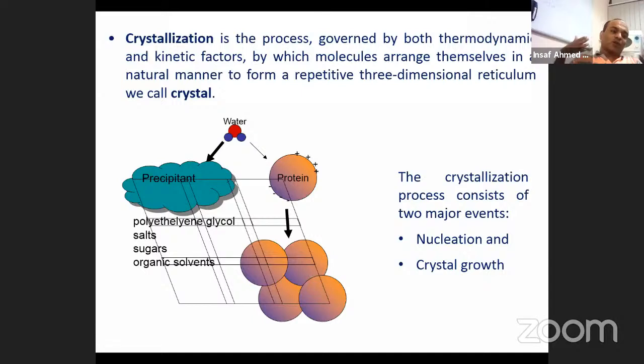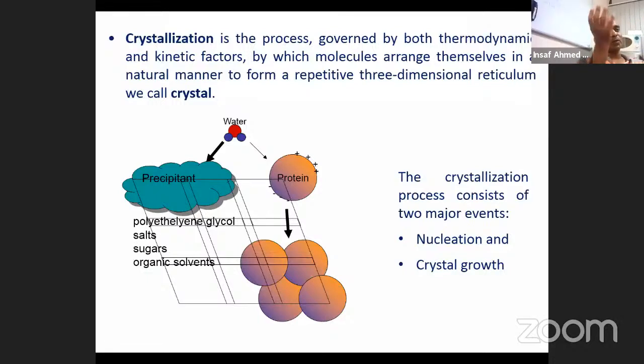The X-ray cannot penetrate our bones, so it hits and then diffracts, and that is the reason you get an impression of the bones on the X-ray film. Similarly here, if you take a solution and try to hit it, the X-ray will easily go through and you will not get diffraction. If you want diffraction, it should always be in a solid form, like what we get in a hospital.